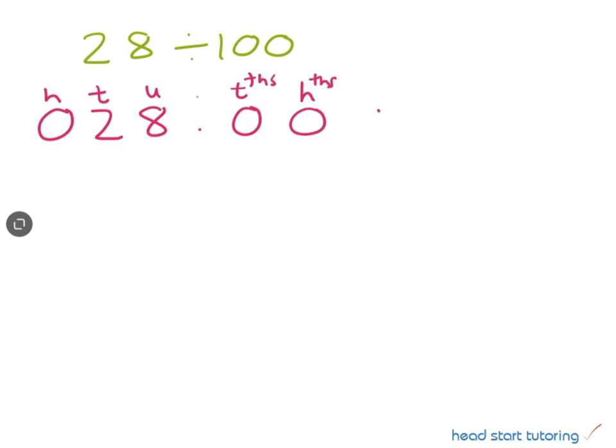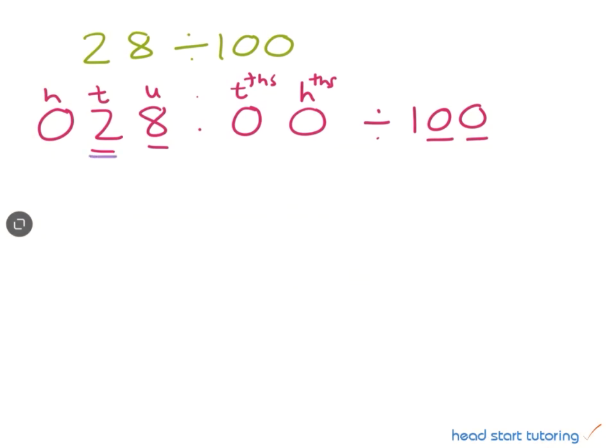Right. So when we are dividing by 100, which has 2 zeros, we need to know that each of these digits is going to move 2 place values to the right because they are becoming 100 times smaller.